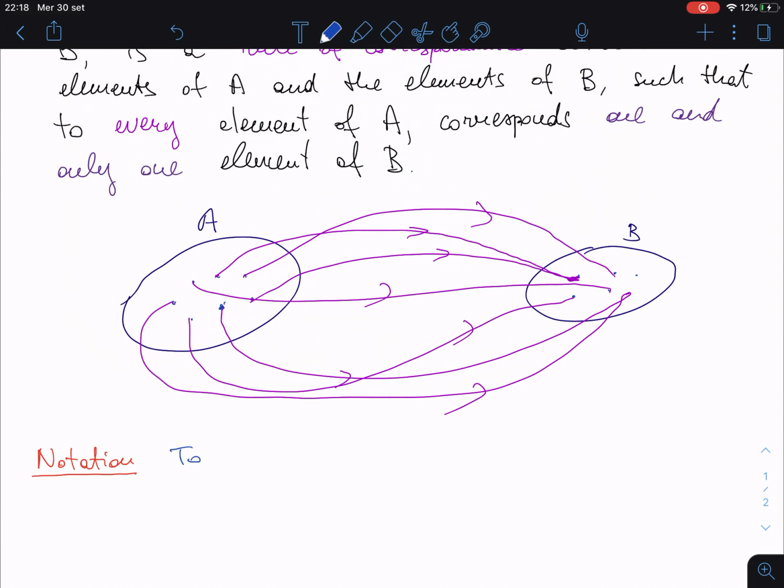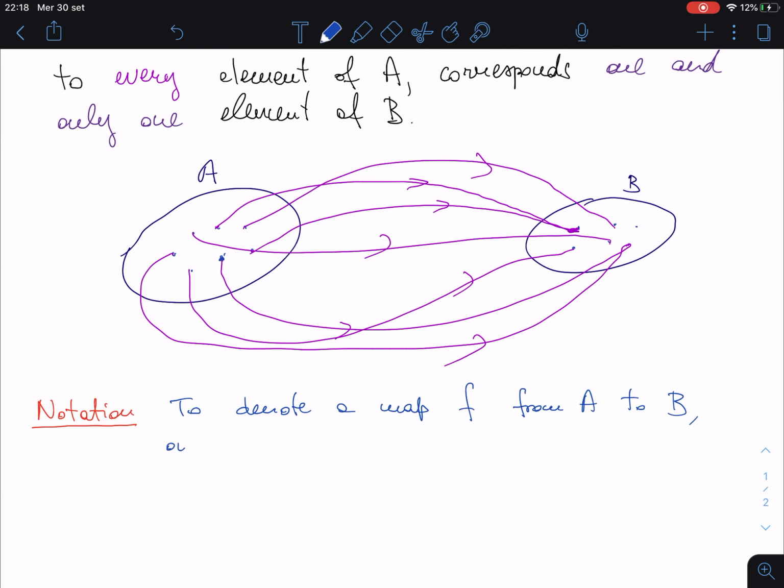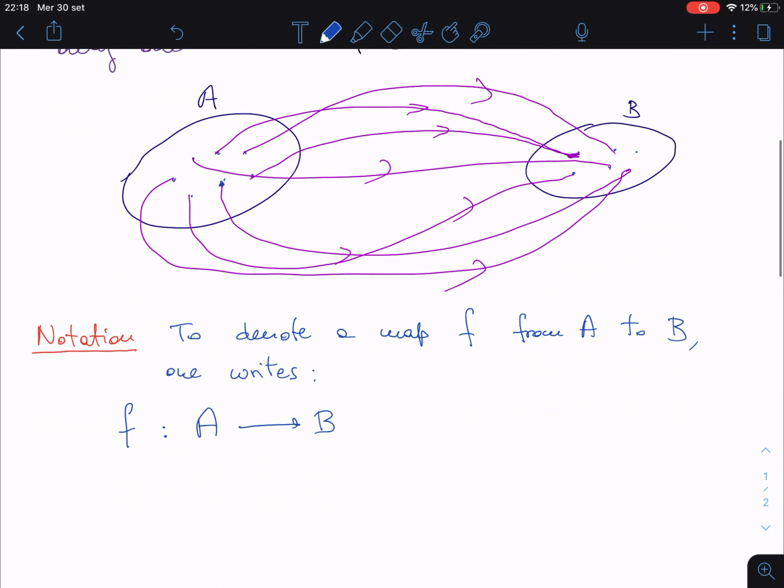Notation to denote a map F, the typical name for the map because it stands for function, a map F from the set A to the set B, one usually writes F, double dots, from A to B. As a second line, one can write something like this: X, which is considered to be a generic element of A, is mapped to f of x.